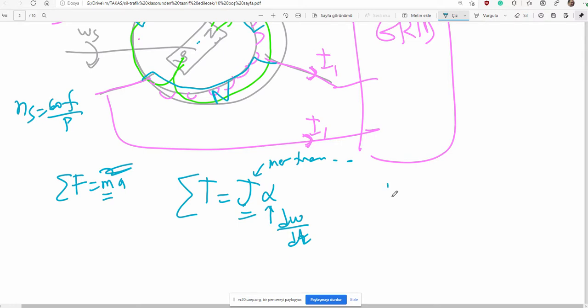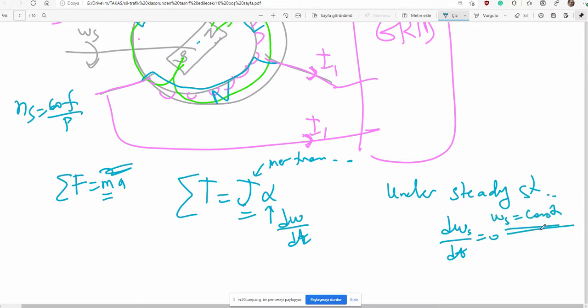Now, under steady state operation, dw over dt is 0 because speed is constant under stable operation. If this is a constant, the right hand side of the equation will be 0. There is no speed change because acceleration is 0.